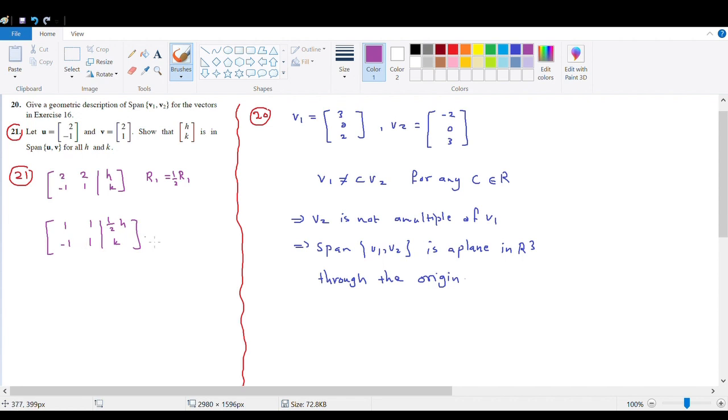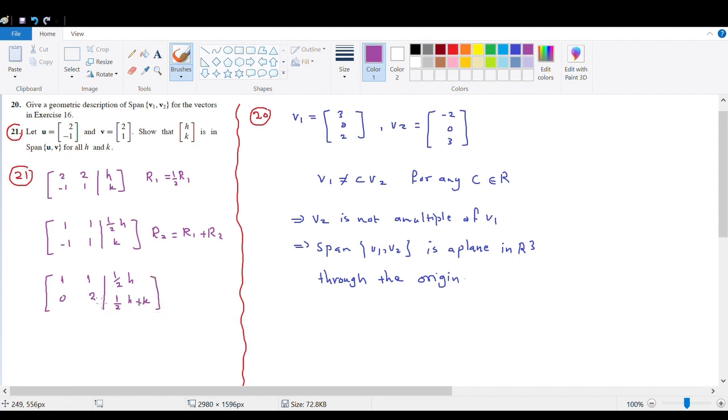Then if we do the second row operation, row 2 equals row 1 plus row 2, this will give us 1, 1, half h, and 1 plus minus 1 is 0, this will give us 2, and half h plus k.